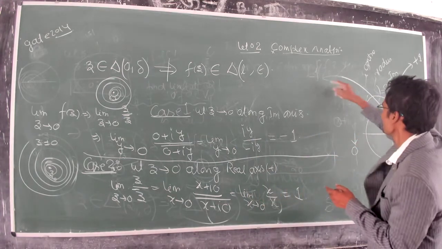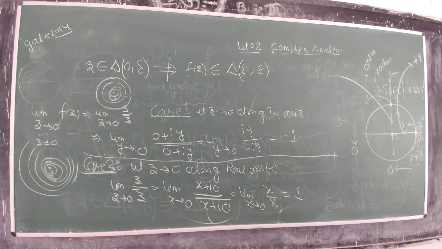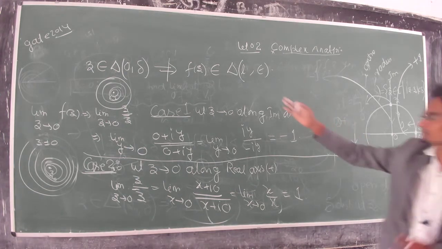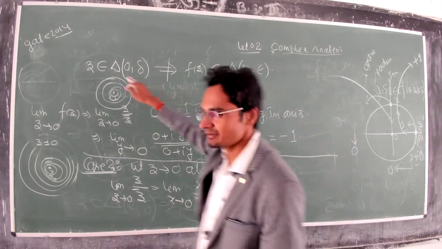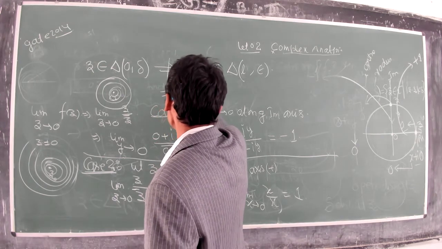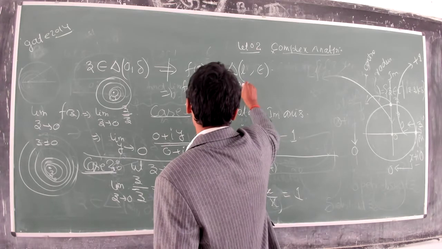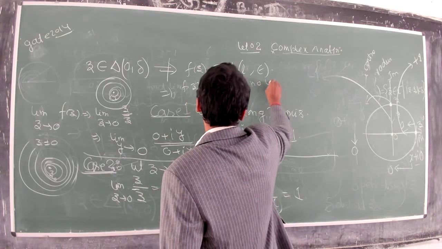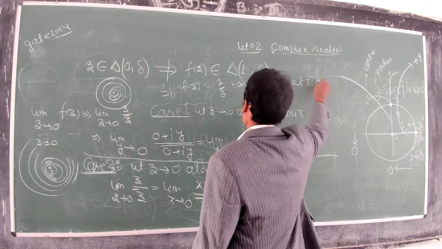One is going to 1, another is going to -1. Even the distance is more than nearby 2, right? So this epsilon, the distance is not decreasing here. So this is not true. Therefore, f(z) equal to z over z bar has no limit at z equal to 0.